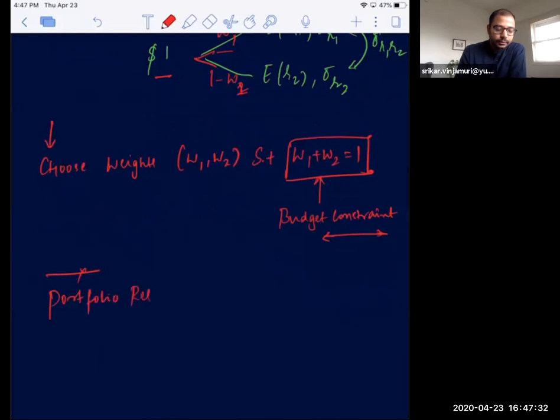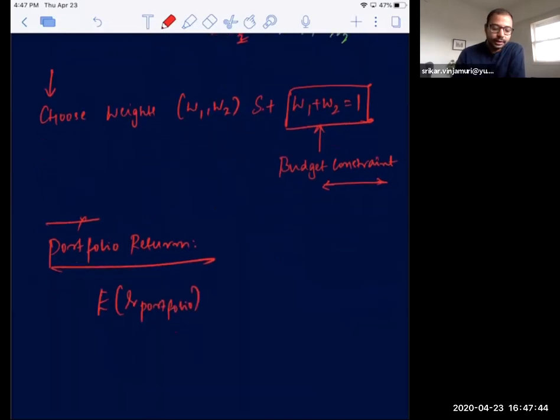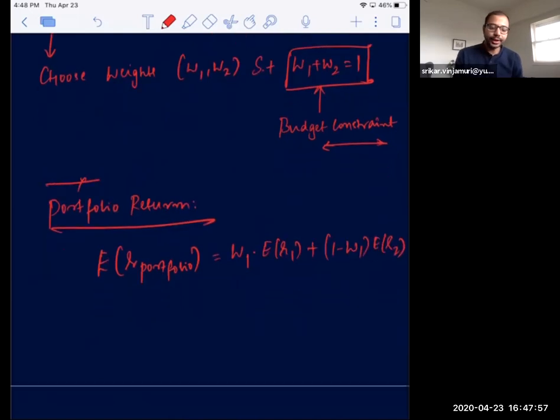If I think about the expected return on the portfolio that I form using these two assets, it'll be W1 times the expected return I get on the first asset plus 1 minus W1 times the expected return I get on the second asset. It's just a weighted average of these two assets.